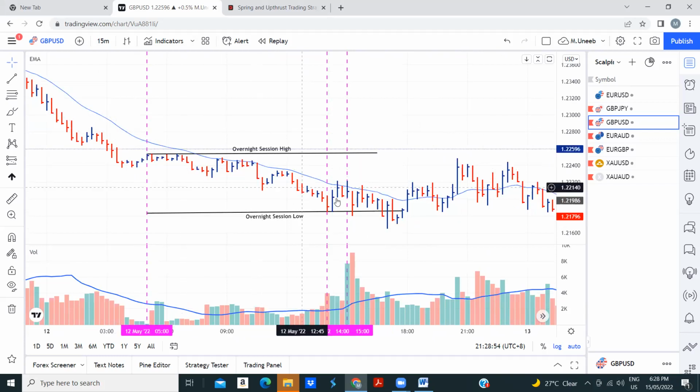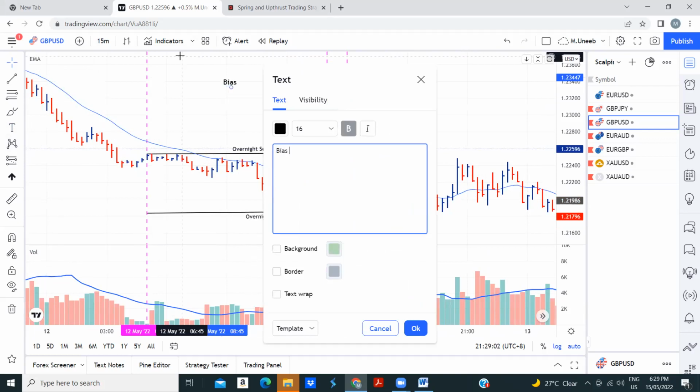So far it's a bearish session. Between overnight high and overnight low, we have a bearish bias, right? Bias equals bearish, but when? Between overnight high and low. Got it? Yep. Okay.